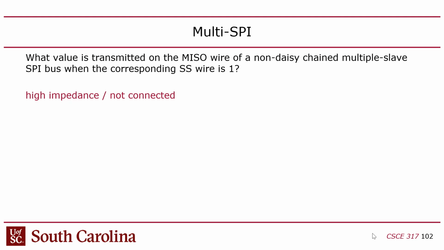But that requires that it's able to disengage itself, to electrically disconnect itself. We call that high impedance. What that means is that the signal the unaddressed peripheral is sending on MISO when it's not being addressed or engaged is going to be Z, which is kind of like a third value.